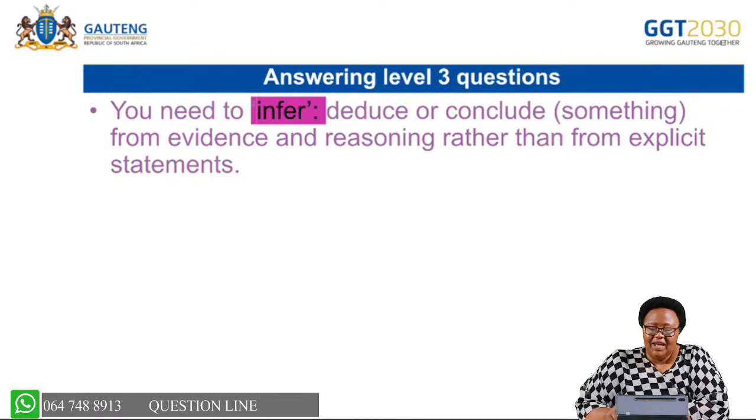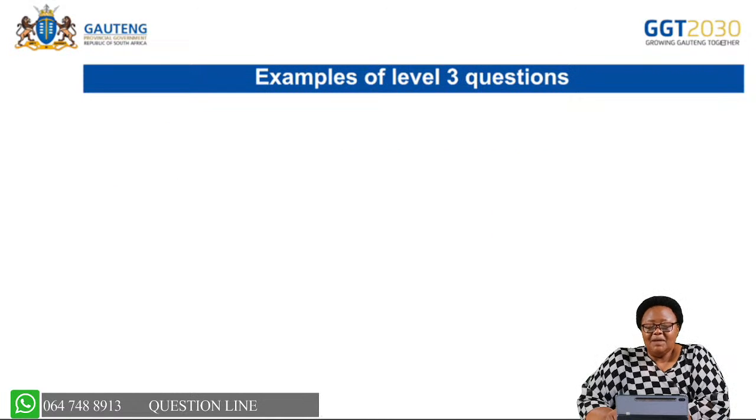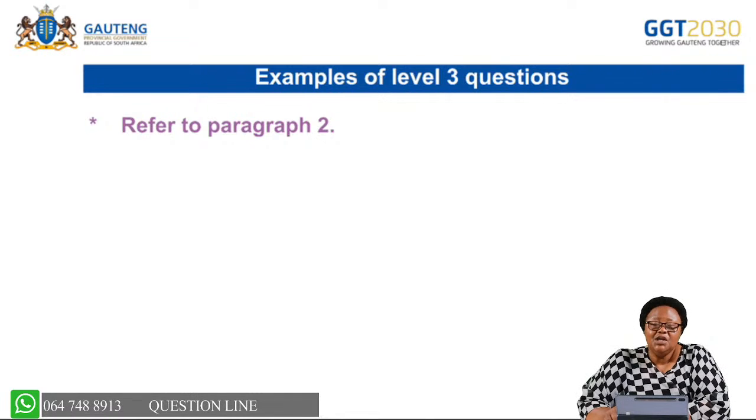Answering level 3 questions. You need to infer here using the evidence given from the passage. Firstly, you must read and understand the passage so that when you answer, you have evidence taken from the passage. Example of level 3 questions taken from the passage that was about EcoBrick.